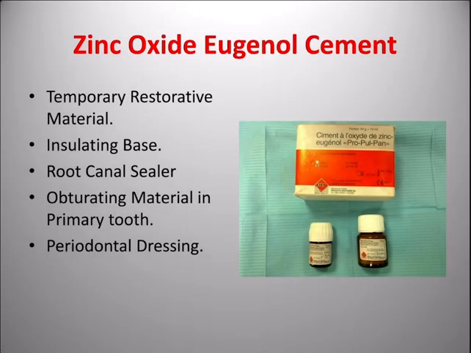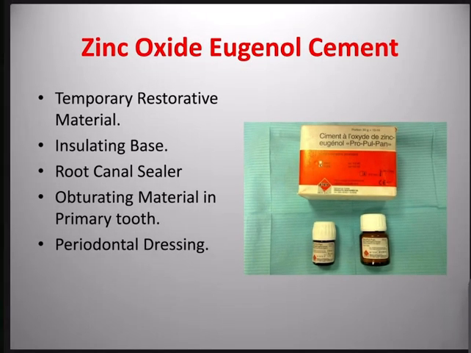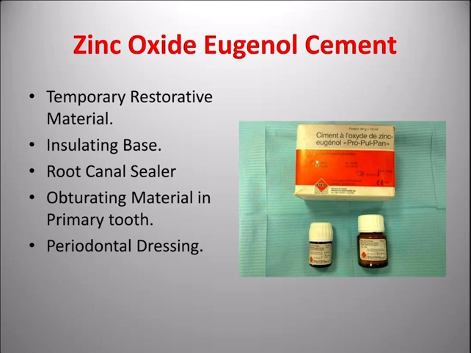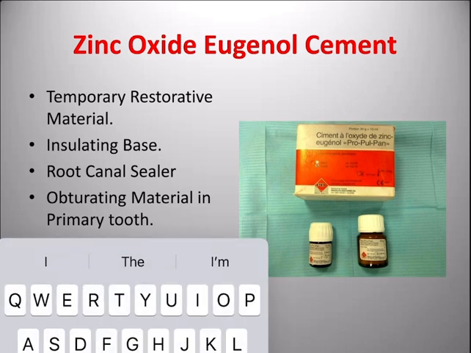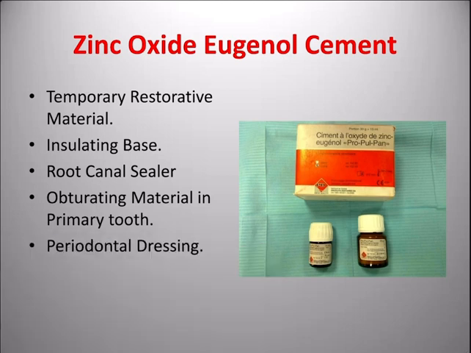We use a resorbable paste. So zinc oxide eugenol is a resorbable obturating paste which can be placed as your final obturating material in the primary tooth, and it will also resorb along with the root of the primary tooth. So that is the primary application of zinc oxide eugenol in pediatric dentistry.